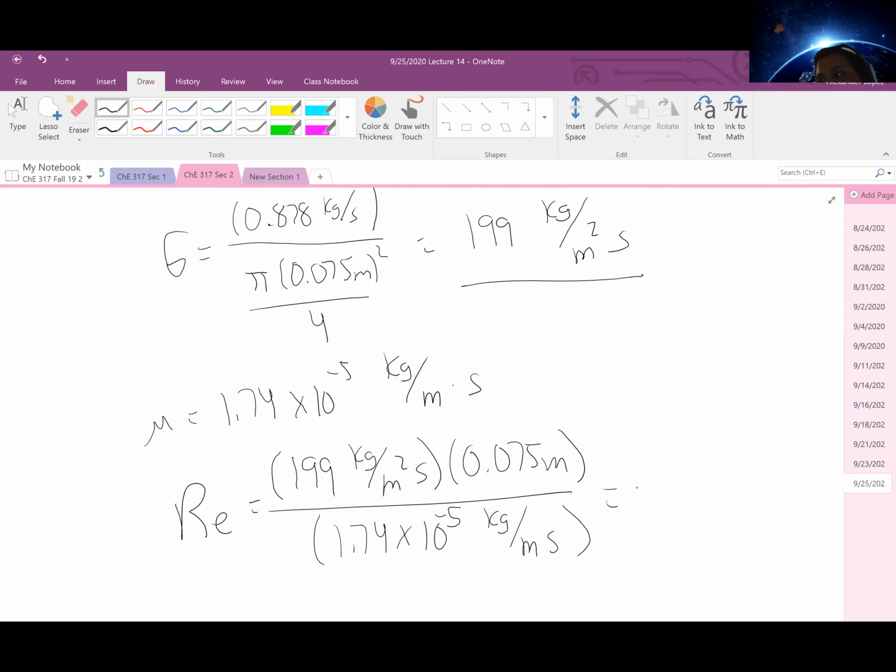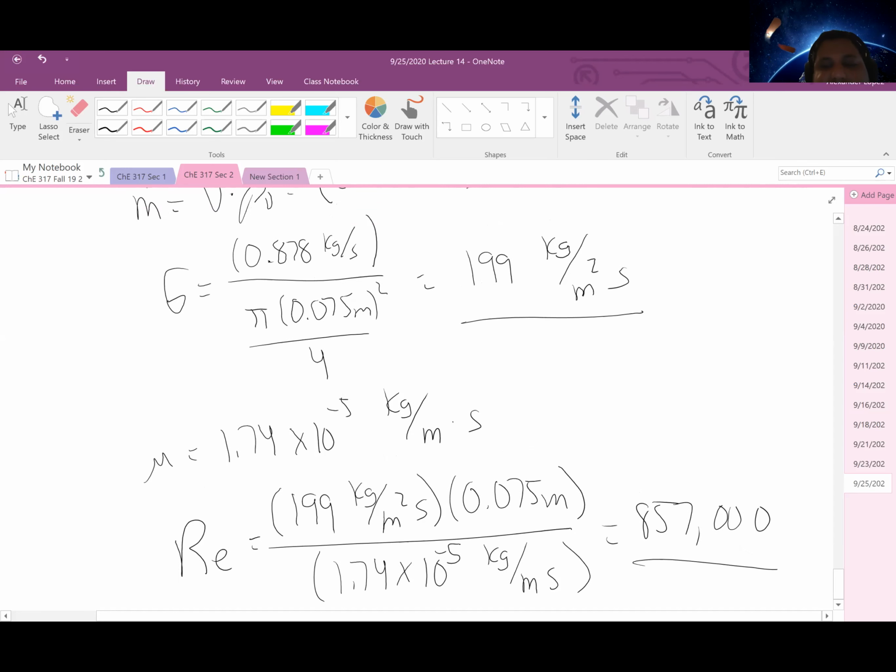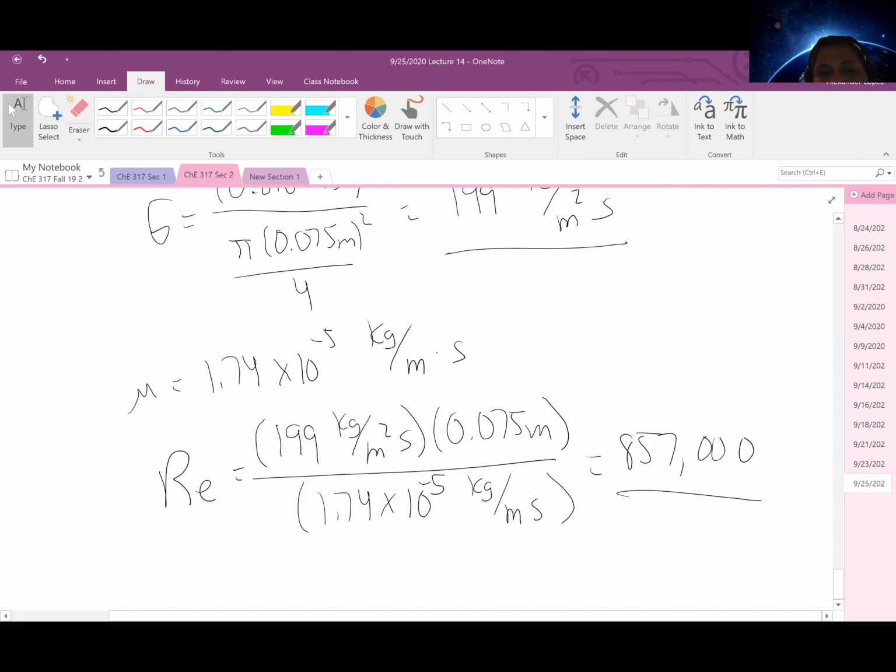Which should give us a value of approximately 857,000. So now, after all of those calculations, we finally have our Reynolds number.